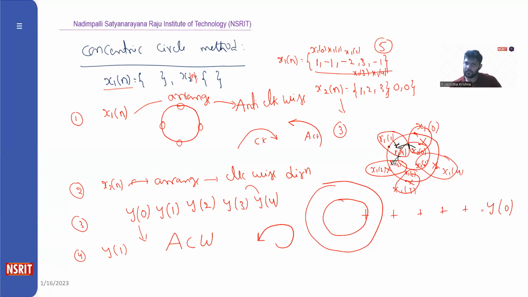Then x2 of 4 is x2 of 3. So like that you have to replace, and again you have to calculate. Understand? That is the y of 1 you have to calculate. Then calculate y of 2. You just replace one more anti-clockwise direction. Likewise, you have to calculate.